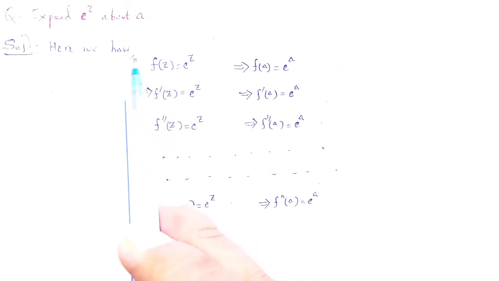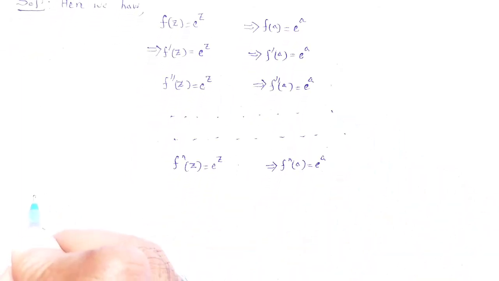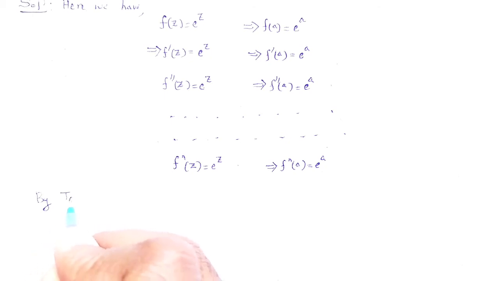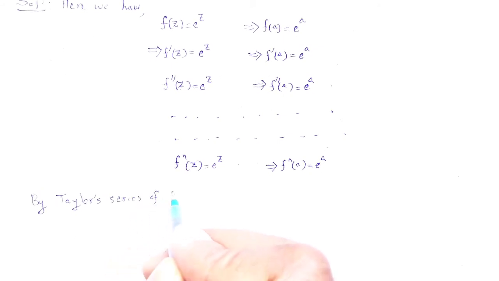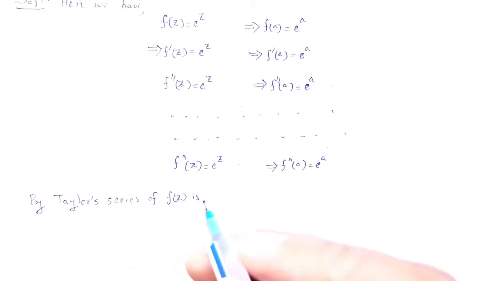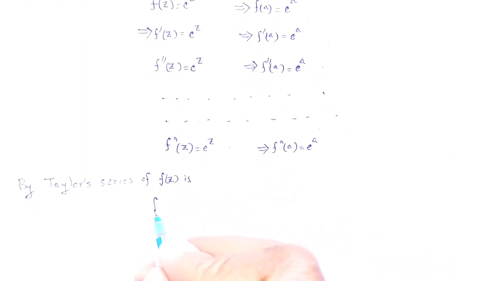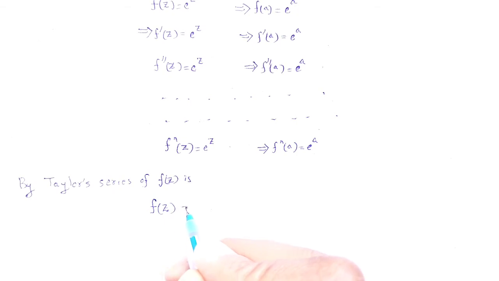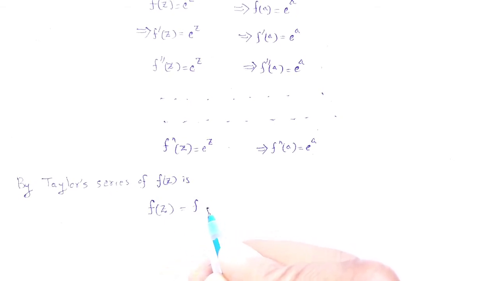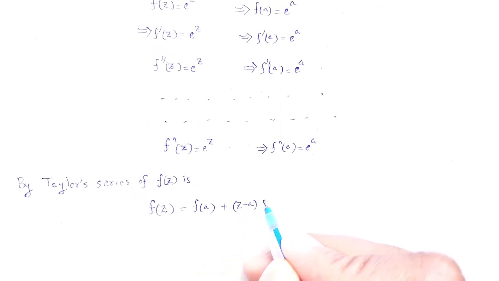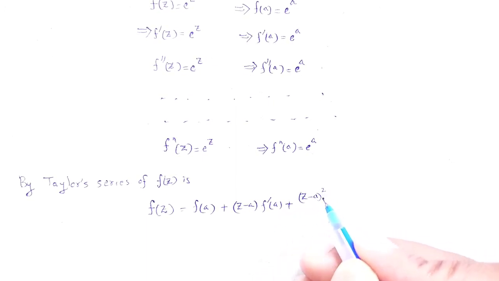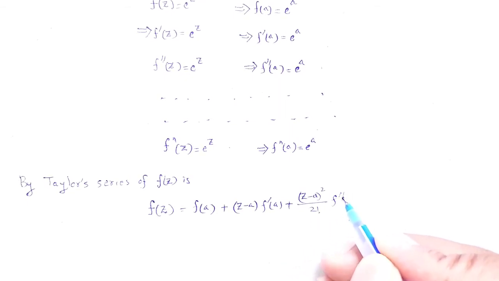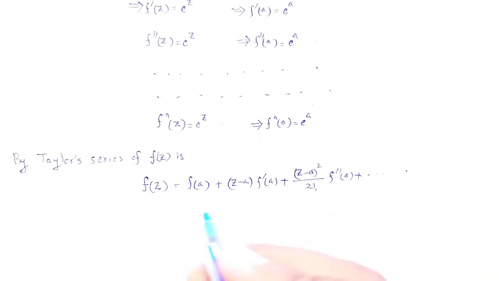By Taylor series of f of z, it is now expanded as f of z equals f of a plus z minus a f dash a plus z minus a square divided by 2 factorial f double dash a plus dot dot dot.